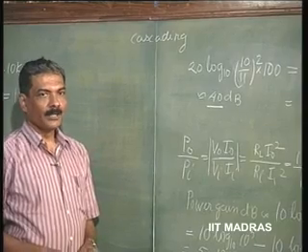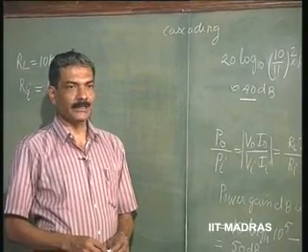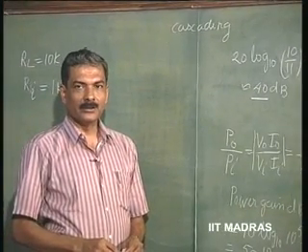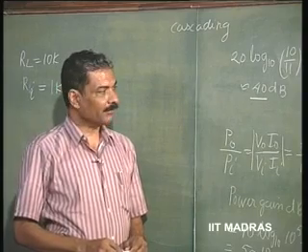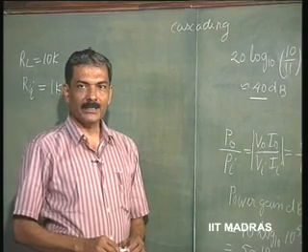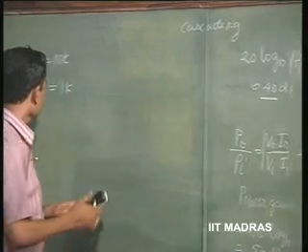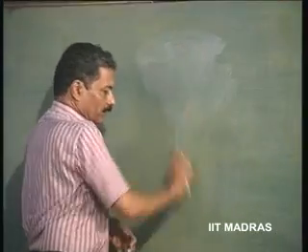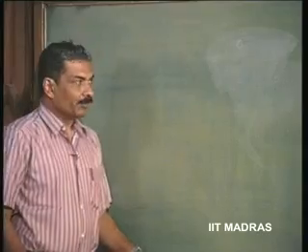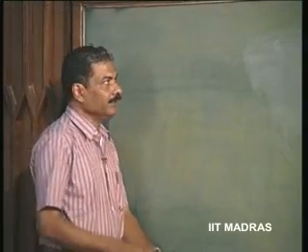Okay. Now, we have yet to finish our discussion on amplifiers, the types of amplifiers. We have just discussed voltage amplifiers and current amplifiers. We have to now discuss about two other important amplifiers, ideal amplifiers.